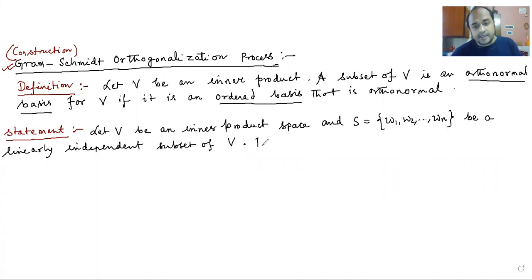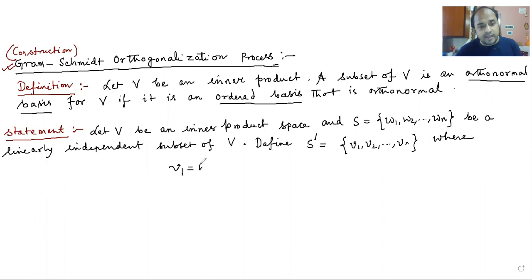Define another set which we name S prime, whose elements are V1, V2, up to Vn, where the first element V1 is the same as the first element W1, but the other elements are constructed in a similar manner.